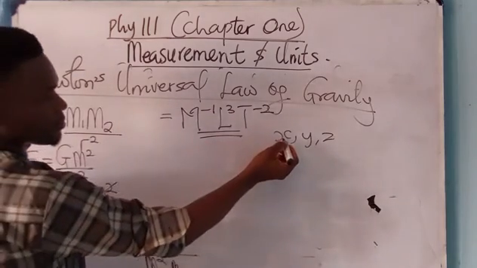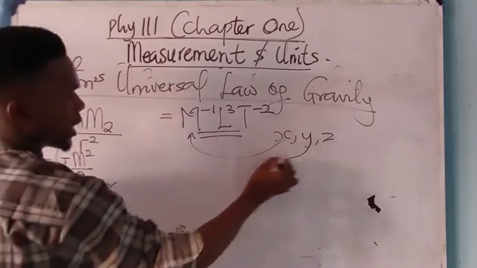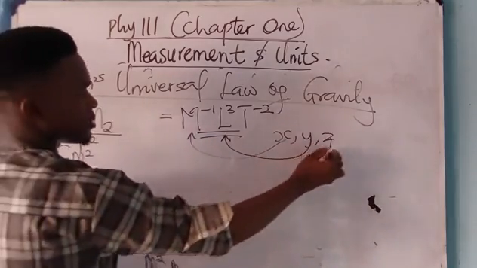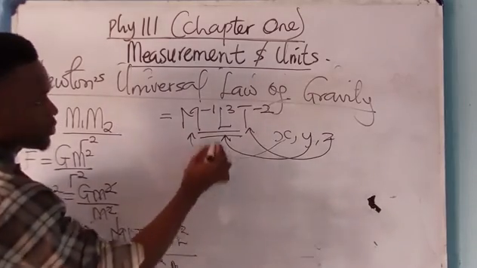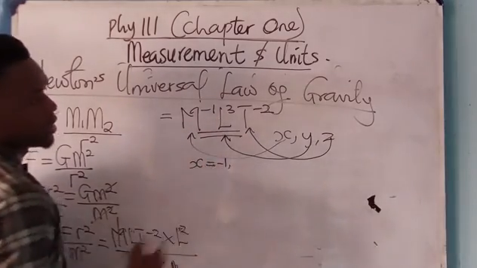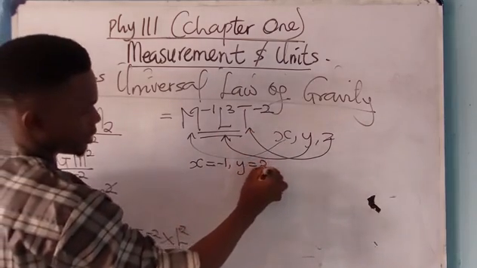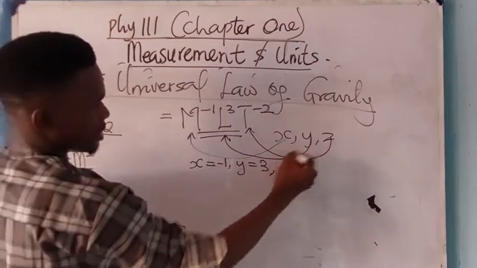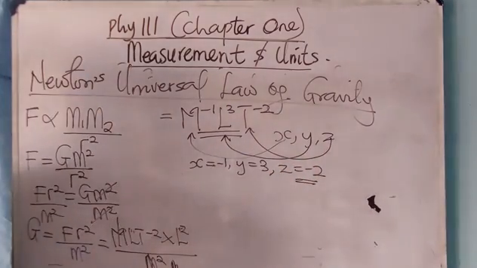Now it means that x is to M, y is to L, and z is to T. Now x in this case is minus 1, y in this case is 3, and z in this case is minus 2. All right, so please take note of that.